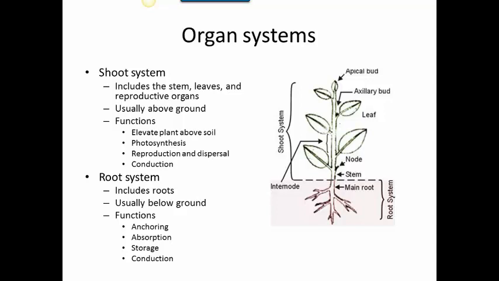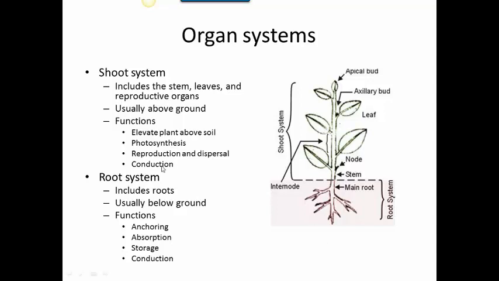The function of the shoot system is similar to the functions of the stems and the leaves that we just talked about. It's elevating the plant above the soil. The shoot system's primary function is photosynthesis, also reproduction and the dispersal of offspring, and conduction of materials around the plant body.